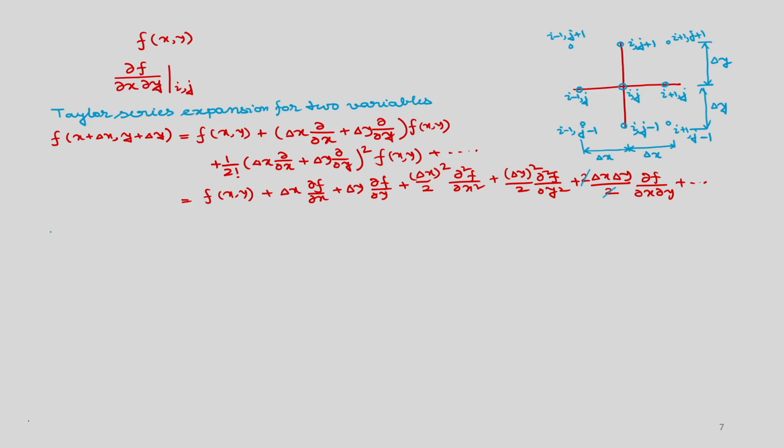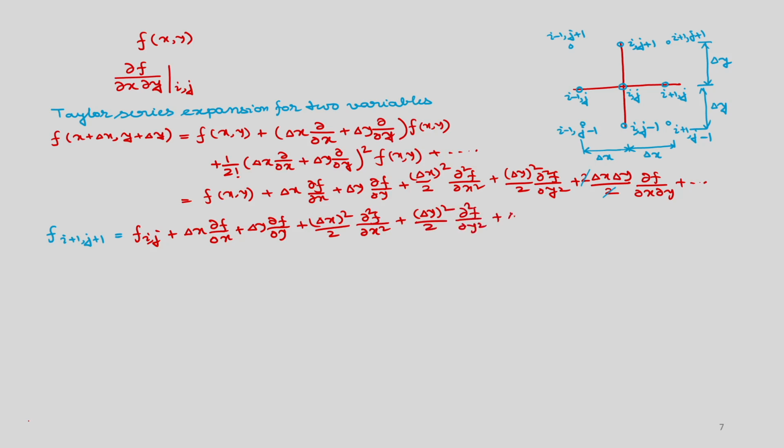Okay. So, if you write f(i+1, j+1), you can expand it using the Taylor series: f(i,j) plus Δx ∂f/∂x plus Δy ∂f/∂y plus Δx²/2! ∂²f/∂x² plus Δy²/2! ∂²f/∂y² plus Δx Δy ∂²f/∂x∂y, and whatever you have neglected.